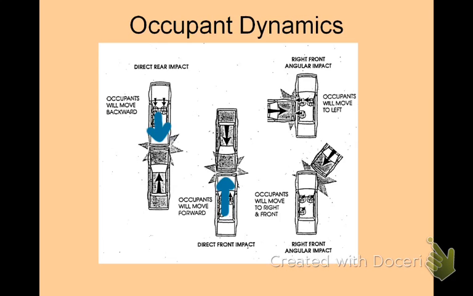T-bone impact, occupants are thrown against the side. Right front collision, occupants are thrown that way. They will continue to move in the direction that the car was moving, or they will continue sitting still even though the car is moving in another direction.